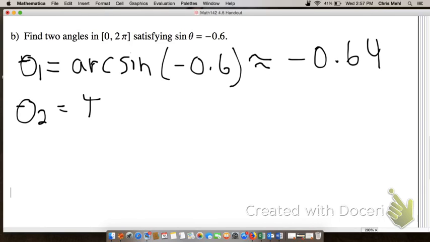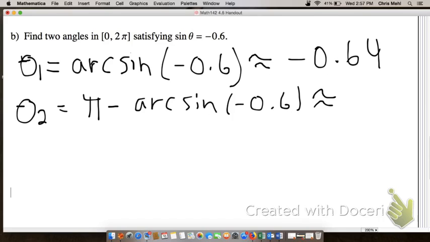That's going to be given by pi minus arc sine of negative 0.6, and that'll be approximately 3.79. Okay, so ultimately this first angle, no good.